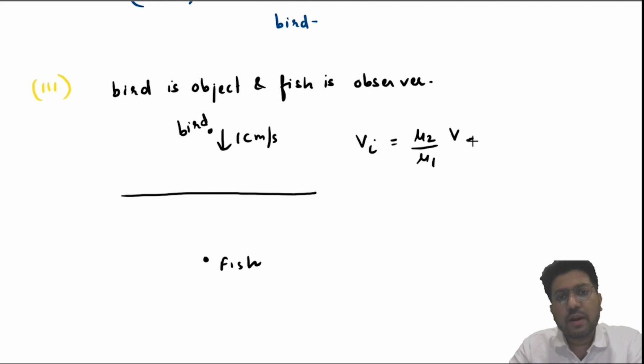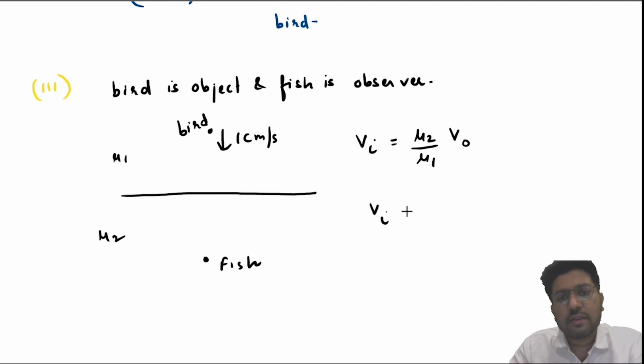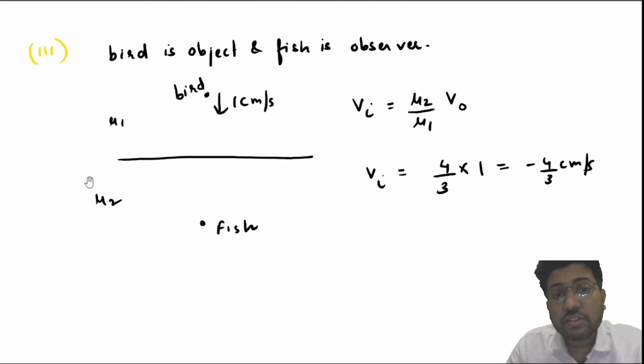Now because bird is the object, this is mu1 and this is mu2. So mu1 is 1 and mu2 is 4 by 3. So velocity of image of bird is equal to 4 by 3 into velocity of object, which is 1. So that will be equal to minus 4 by 3 centimeter per second. Minus means downwards. So this is the velocity of the image of the bird.